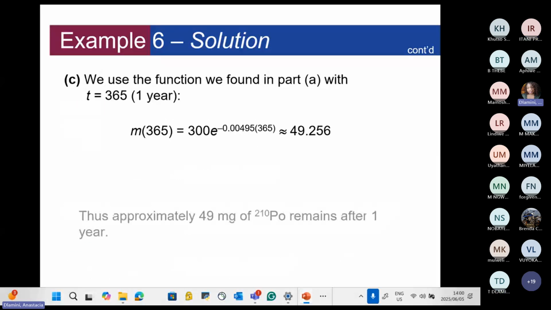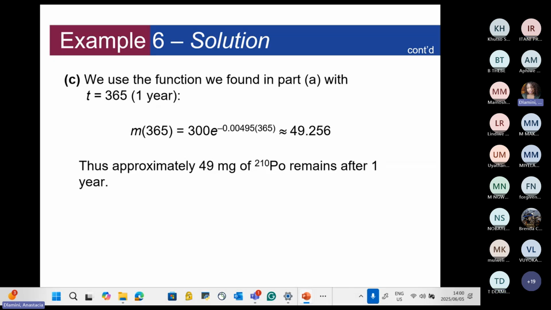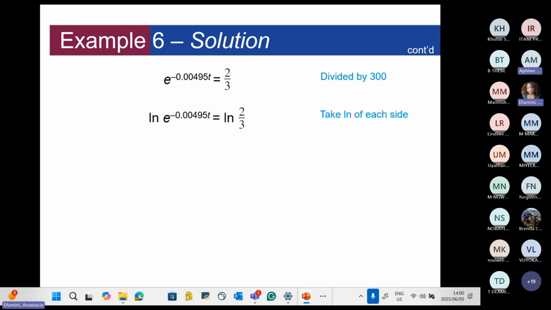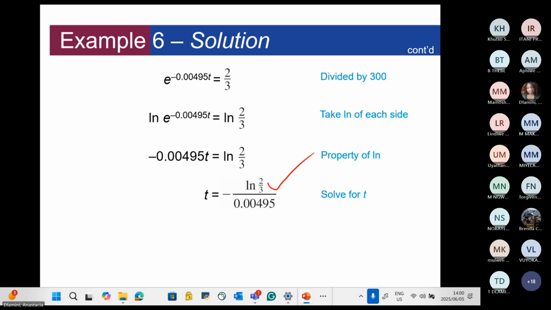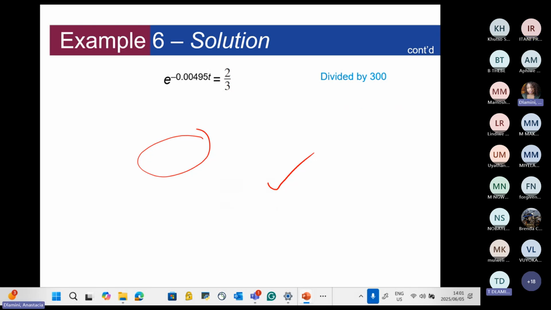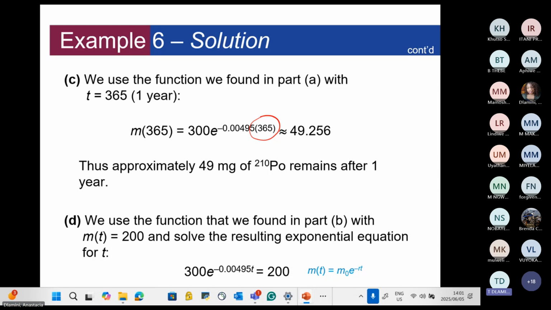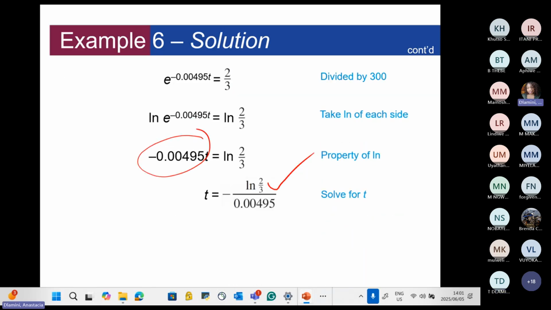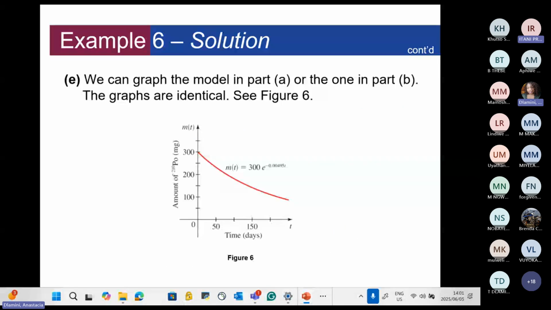The memo didn't simplify this because they simplified with the calculator here, so we don't want to do that. Do you see how we are leaving it in terms of ln, guys?